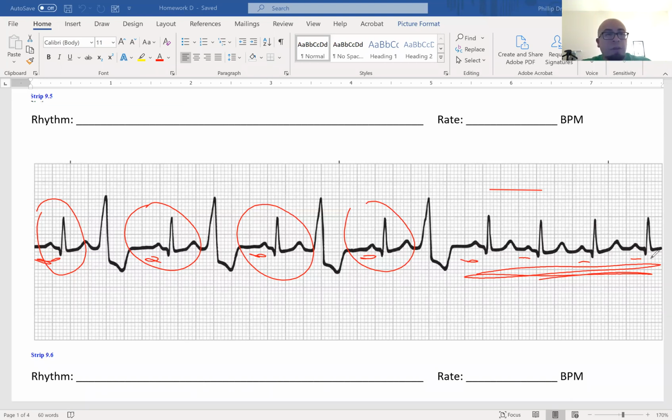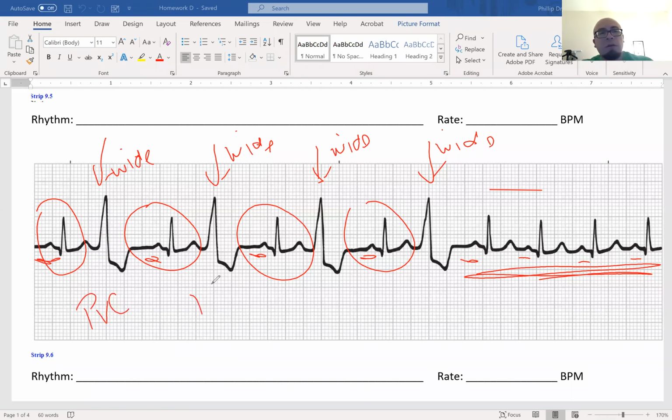The intervals look okay, except for our abnormal beats. Our abnormal beats are wide. So step 4 is checking your abnormal beats. So we have PVCs, PVC, PVC, PVC, and PVC.